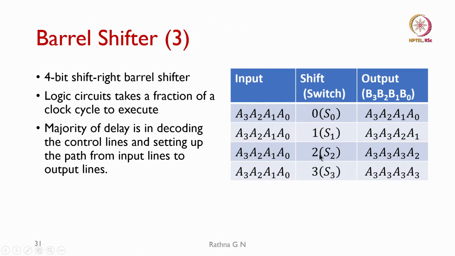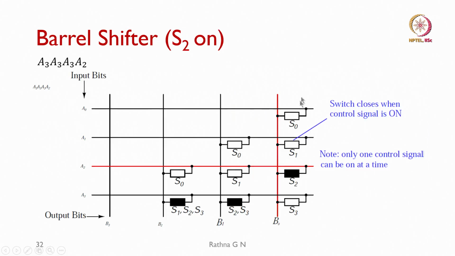When S2 is on, A0 and A1 are shifted out, and the result will be A2, A3, A3, A3 going into outputs B0 to B3. For the maximum shift, all of A0 to A2 are shifted out, and the result has only A3 bits. So, as an example, how the switching is done is shown here.